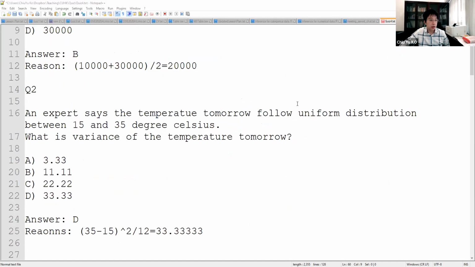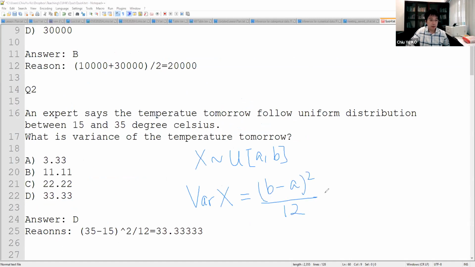Second question, I think it's uniform. The variance is right if X is uniform between A and B, okay? Then the variance of X would be (B minus A) squared divided by 12.